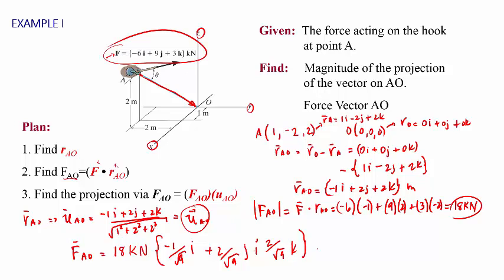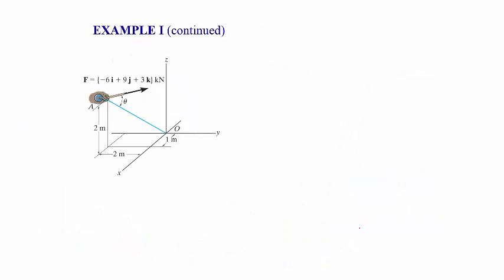Okay. And this is the force vector AO. So now we have combined the two concepts, the concepts of the force along a line and then a force along a projection different than XY.